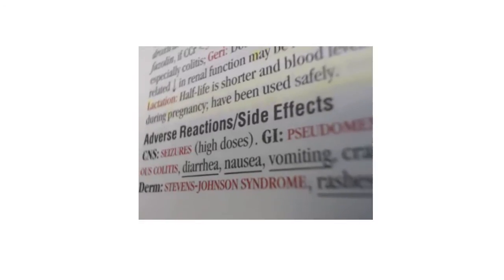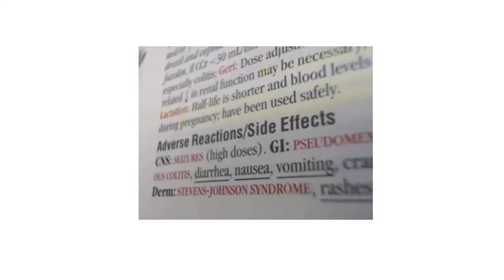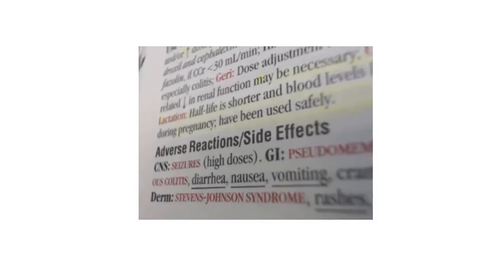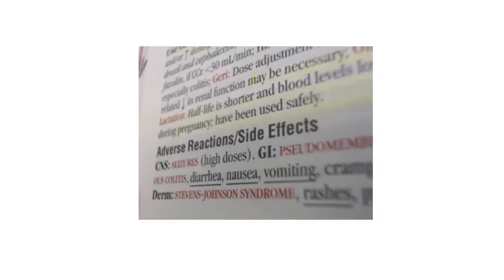Adverse reactions and side effects, things you need to watch for in high doses. It can cause diarrhea and nausea. Many of our strong antibiotics given in high doses over long periods of time can wipe out all the good bacteria in the GI tract and cause diarrhea, nausea, and vomiting, cramps.